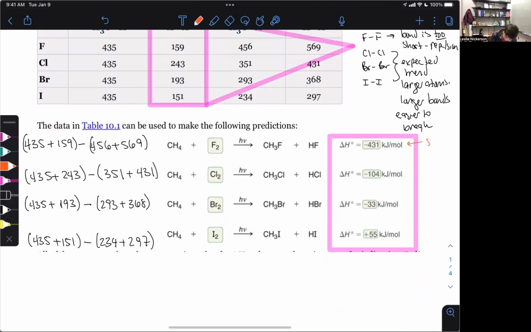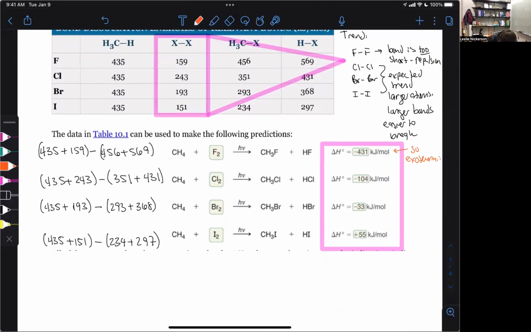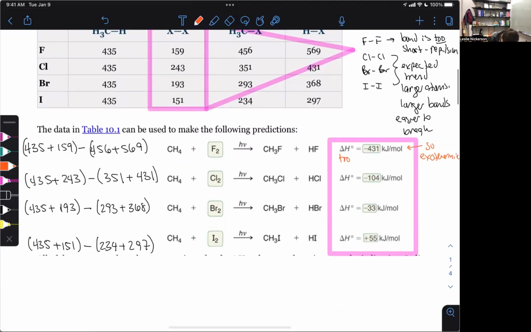This is so exothermic. It's actually dangerous, okay? So this is such a violent reaction that nobody does it because it is just not safe to perform, okay?